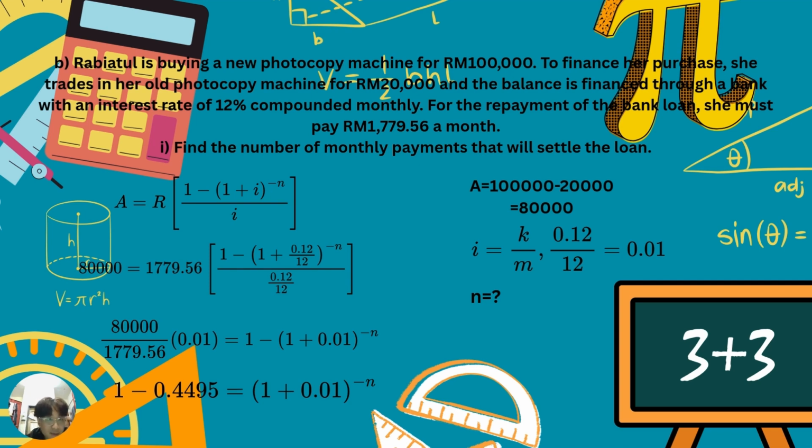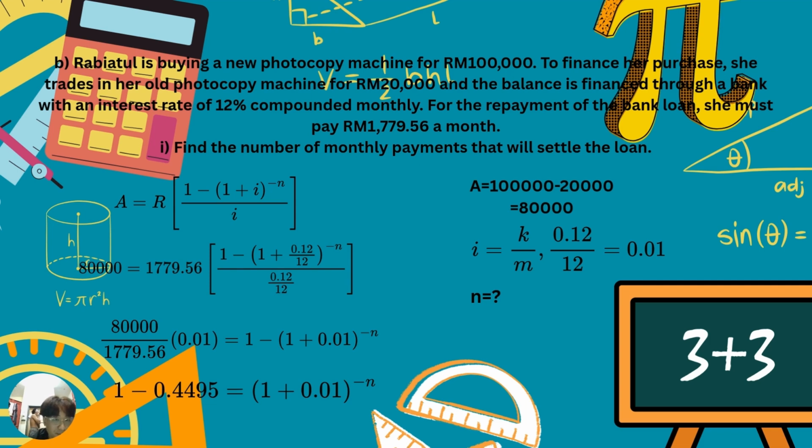So the method here is we need to put A, 100,000 ringgit minus 20,000, we get 80,000 equals 1,779 ringgit 56 cents, open bracket 1 minus open bracket 1 plus 0.12 divided by 12 close bracket power negative n, divided by 0.12 divided by 12, close bracket.